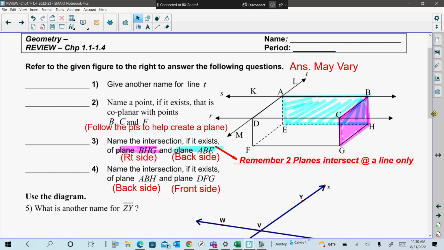On one, it says give another name for line T. So line T, this subscript is right here, so they are referring to this line. To name the line, I have to use points that are on the line. There are 4 points on line T. I just need 2 to name it.